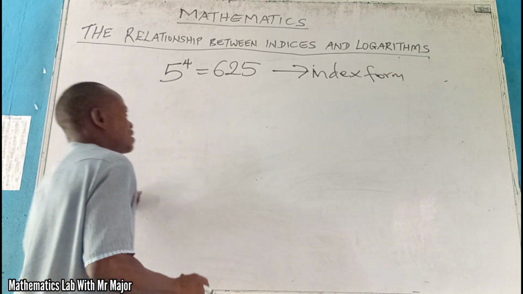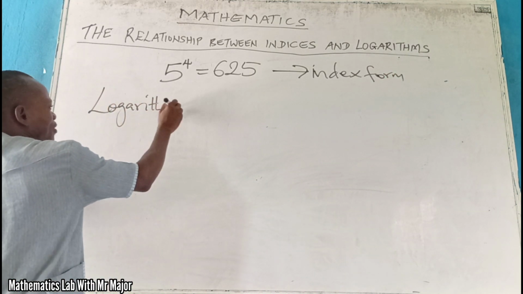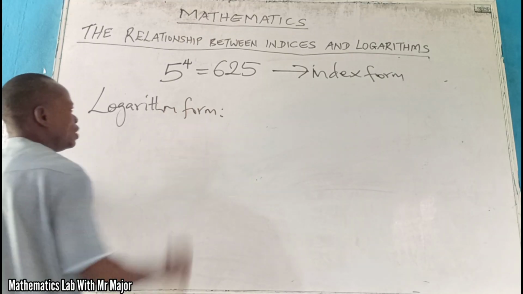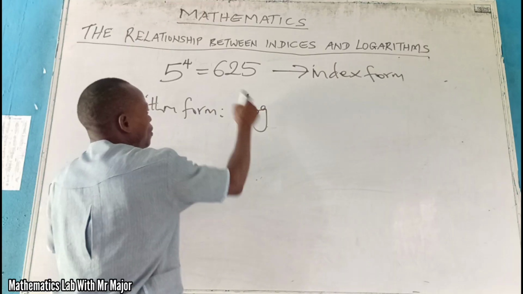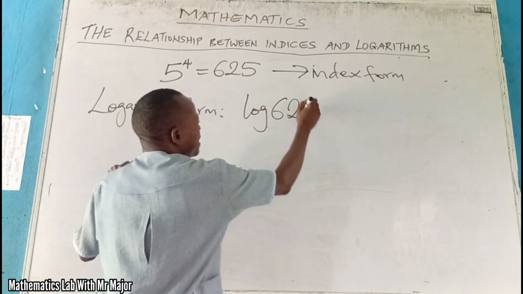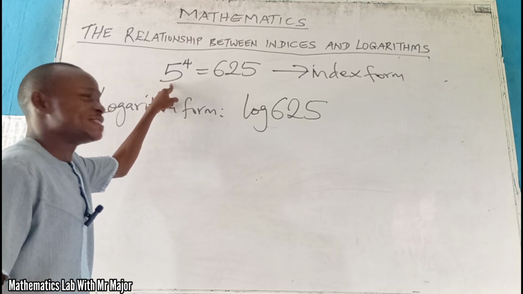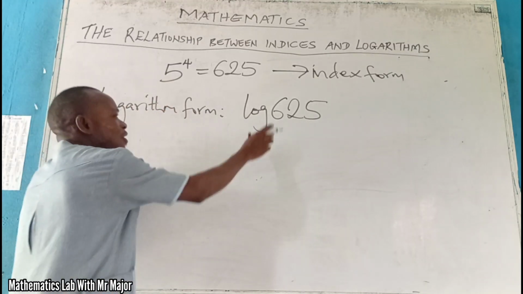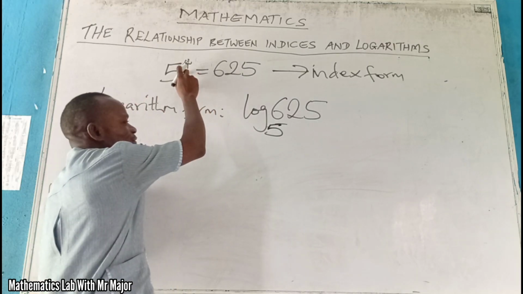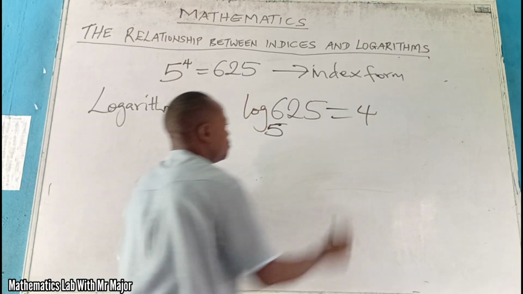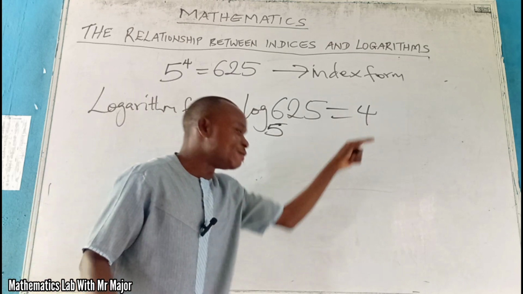If I am asked to write it in logarithm form, it will be the log of 625, which is the number, to base 5, because the base here is 5, and the power is 4. So it's equal to 4. Meaning the log of 625 to base 5 is equal to 4.